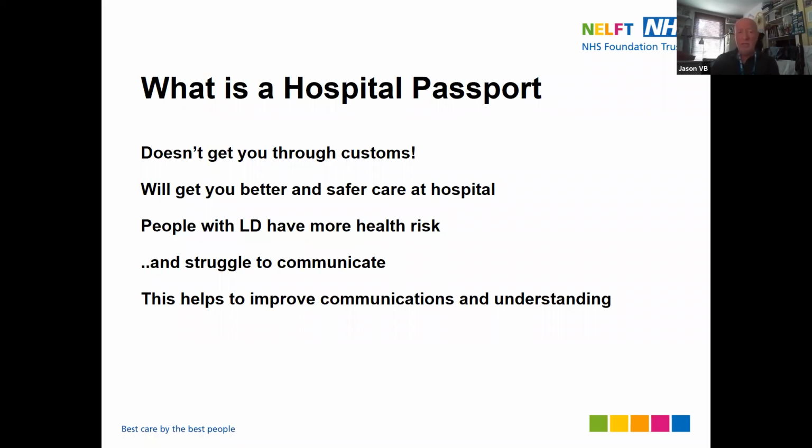People with mild learning disabilities may not understand things fully or be able to express themselves fully, and those communication barriers become even more severe with the severity of the learning disability. So the hospital passport is about communication and helping understanding. If you have good quality communication leading to better understanding of that individual, that is going to lead to better care.